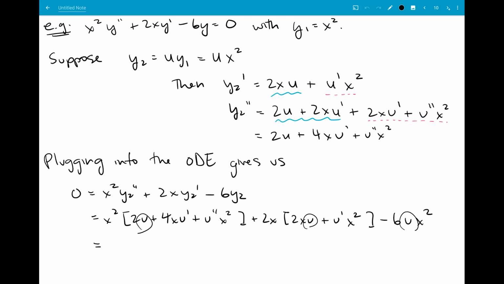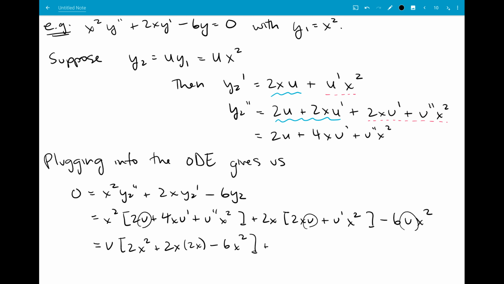So I'm going to take all my u terms right here. I've got 2x squared plus 4x squared, or 2x times 2x. Actually, I'll leave it in that form because it's a little easier to see. Minus 6x squared. Right there. And then I'll hold on to all my other terms.